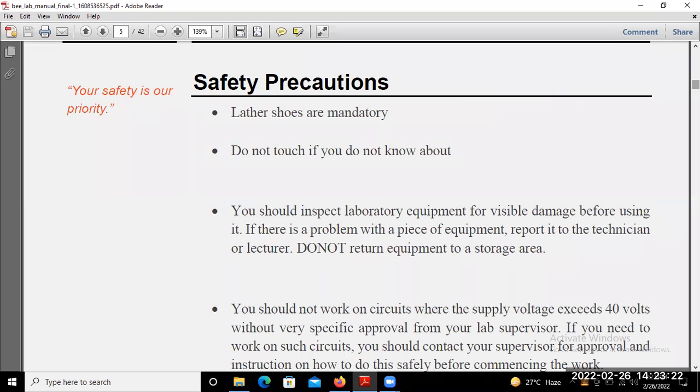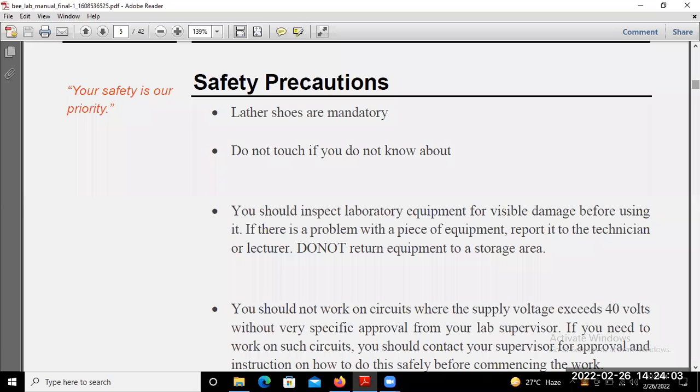Next, we are concerned about safety precautions. Since this lab involves power, you must be more cautious in the laboratory because it is harmful if you carelessly touch here and there where power supply is given to any panel. So be concerned about your safety.